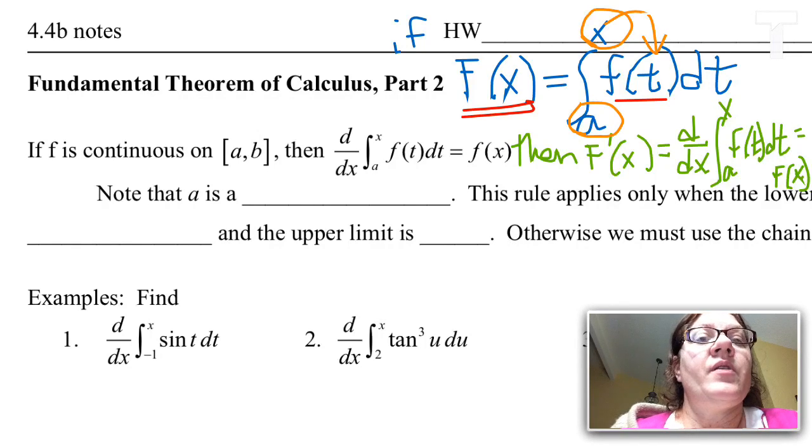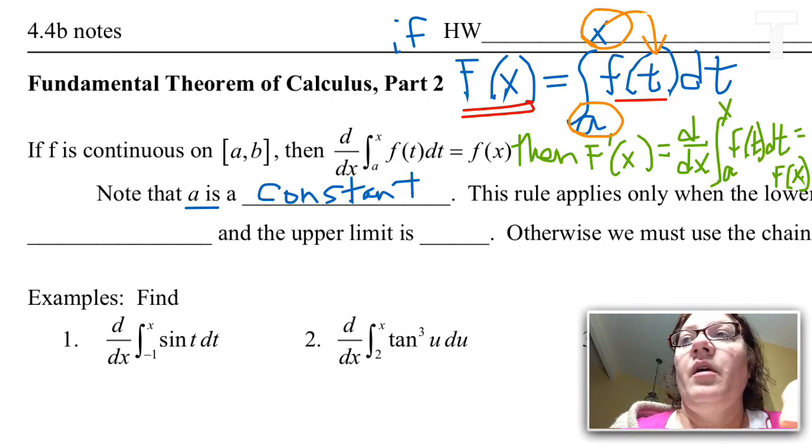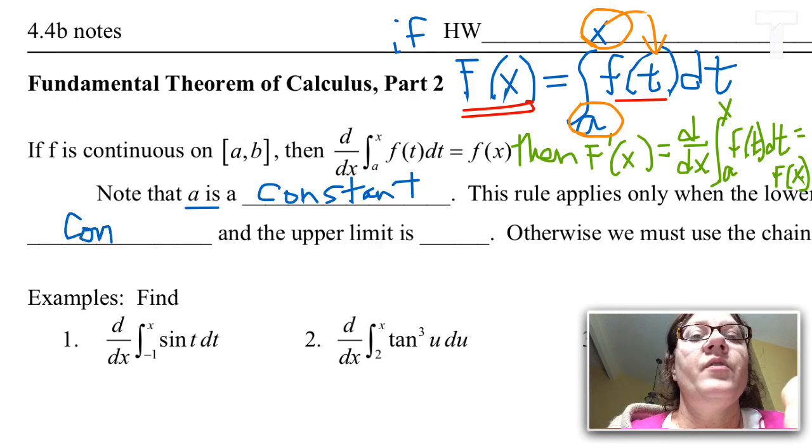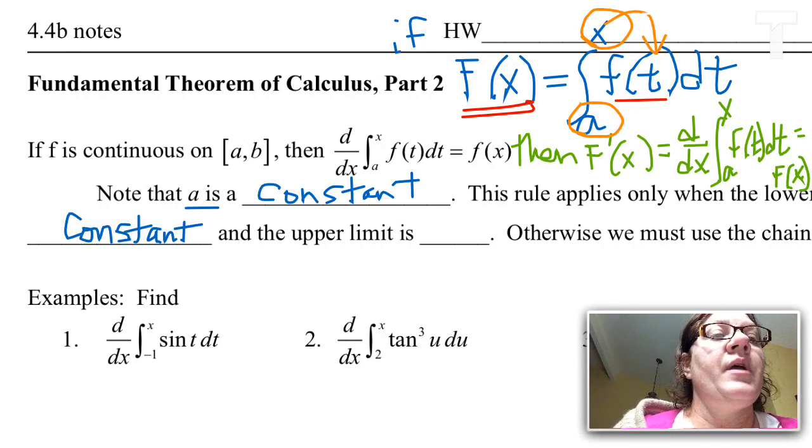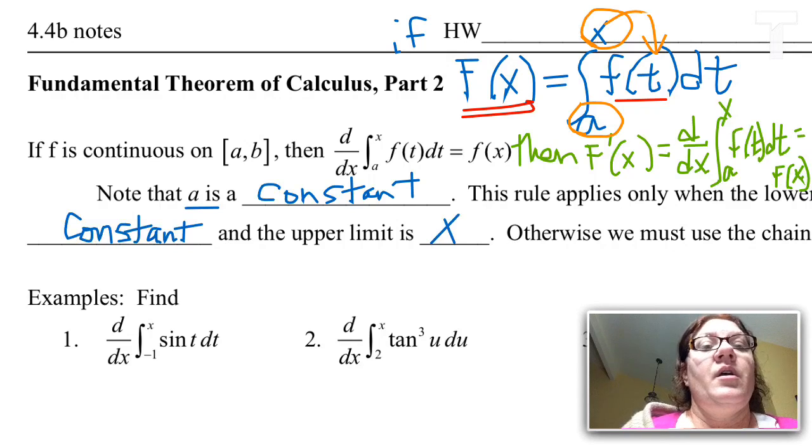So on these blanks here, again, note that a is a constant, and the lower limit, in order for this to work, has to be a constant, and the upper limit has to be x. I'll show you what we're going to do in some other cases when either that's not a constant at the bottom or the top is something a little more than x.